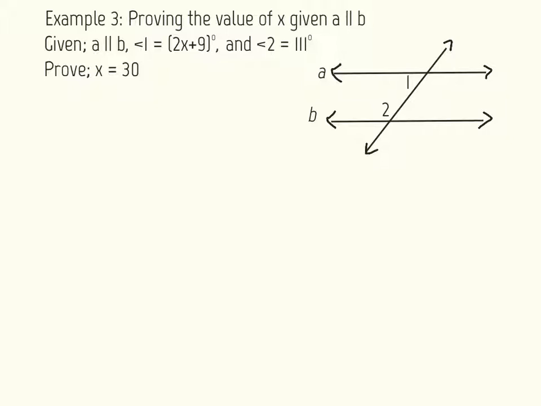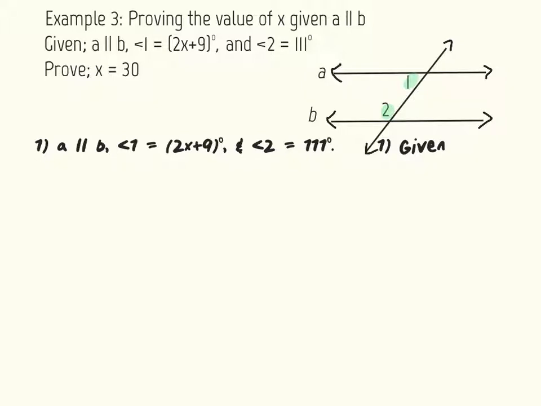So my first step is to list out what I am given. The next step, we have to look to see what we can do with this information. Well, I see that angle 1 and angle 2 are same side interior angles. So I would maybe use the same side interior angle postulate to do what I can with that.